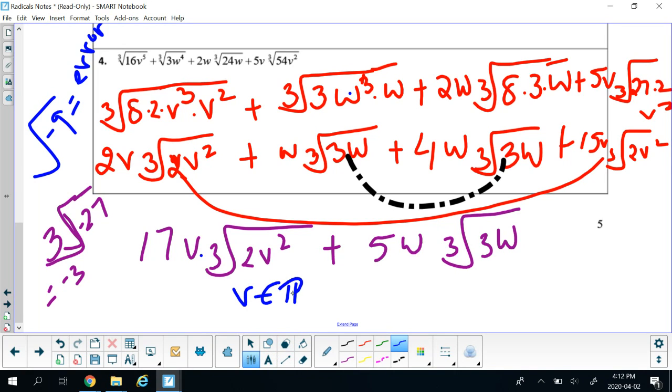You can say v belongs to all real numbers. And as I already mentioned, whenever your index is odd, you can have any value of radicand. Your radicand could be positive, it can be negative. So your w can also be anything, that is w belongs to all real numbers, okay?